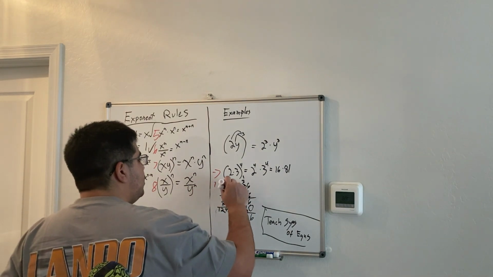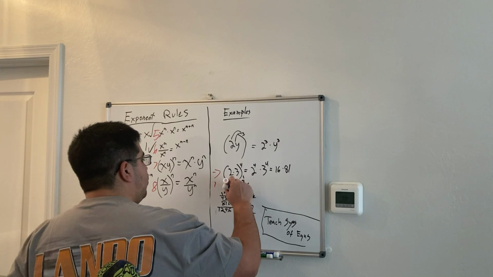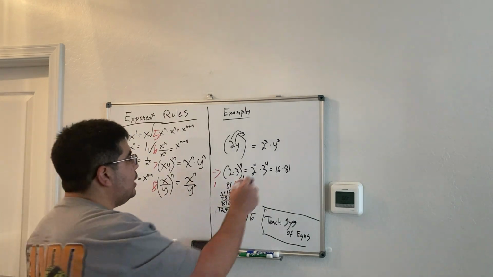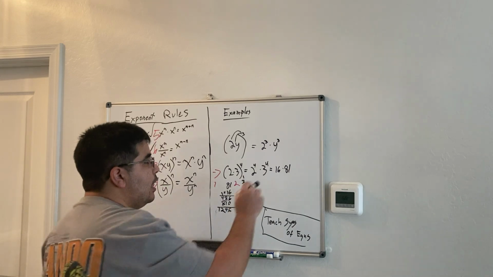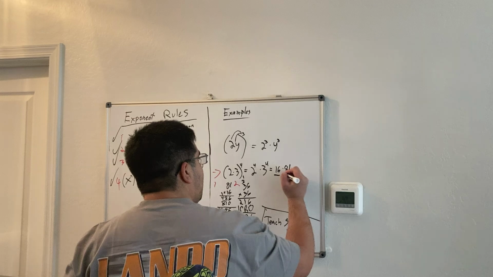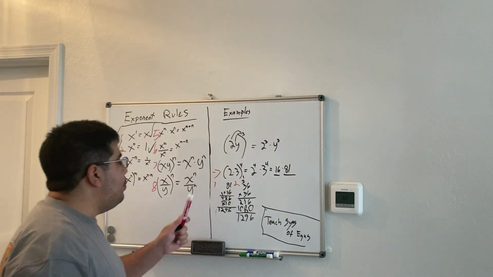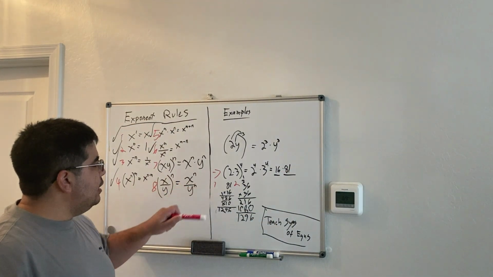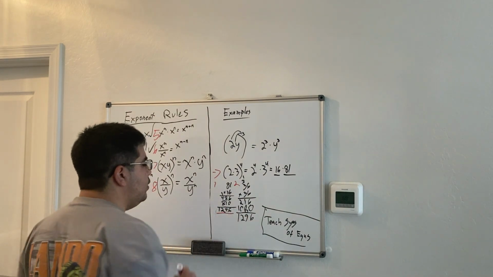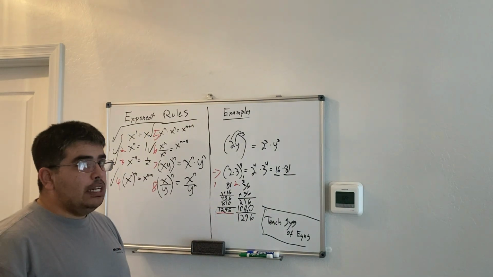The first one, I'm using the exponent rules. The second one, I'm using PEMDAS. The first one, what I'm doing is distributing the exponents. I get 16 and then I get 81. Then I multiply the 81 times the 16, and I get 1,296 as a solution.